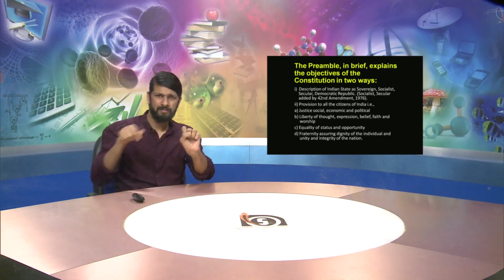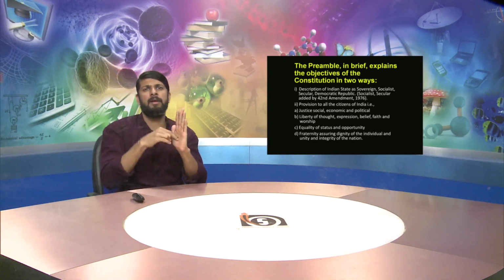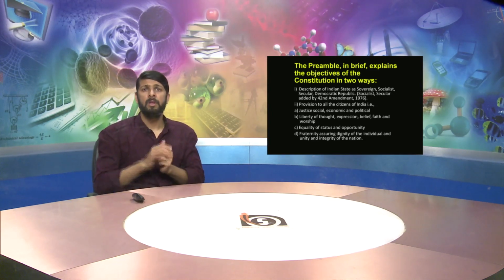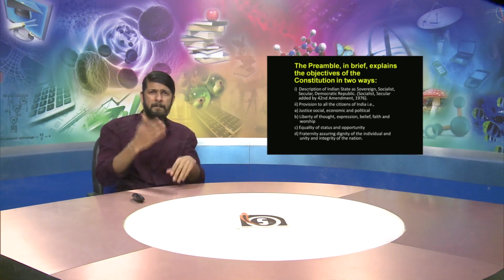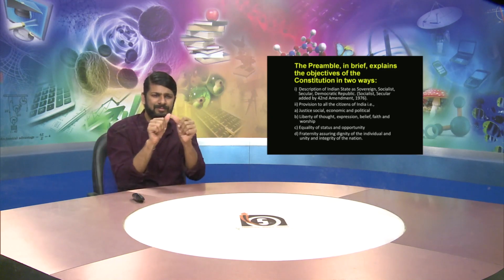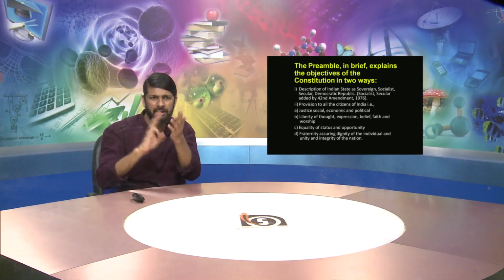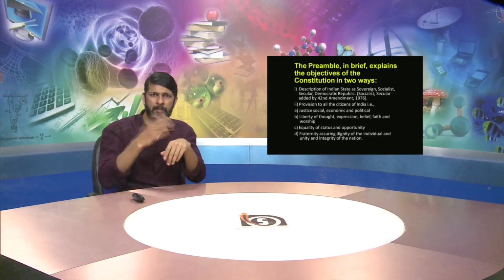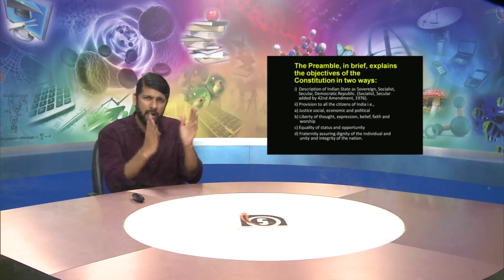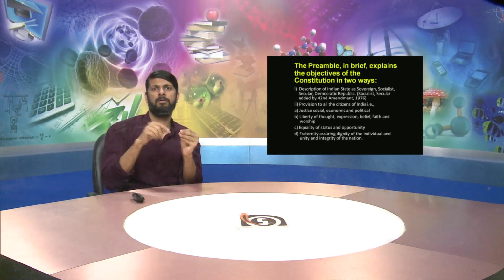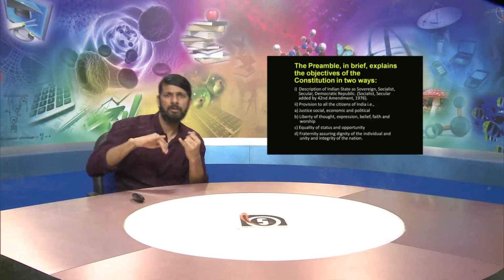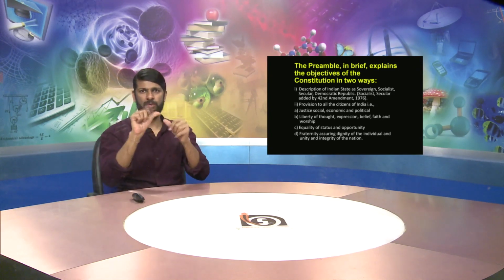Description of Indian states as sovereign, socialist, secular, democratic republic. Socialist, secular, these two words were added by the 42nd Amendment in the year 1976.